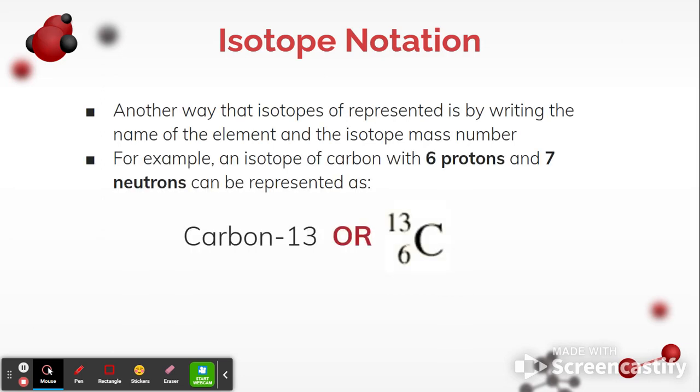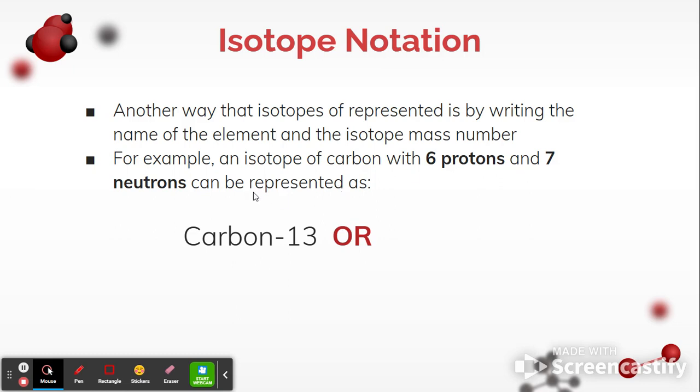Isotopes can also be represented using the name of the element followed by the mass number of it. So in this case, this is an isotope of carbon because normally carbon in its elemental form has 6 neutrons. However, in this case, there are 7 neutrons.